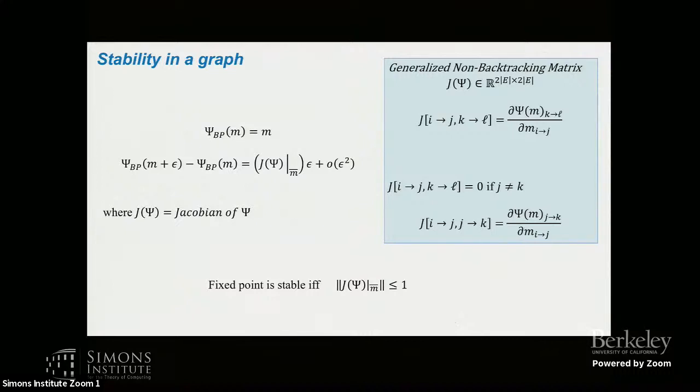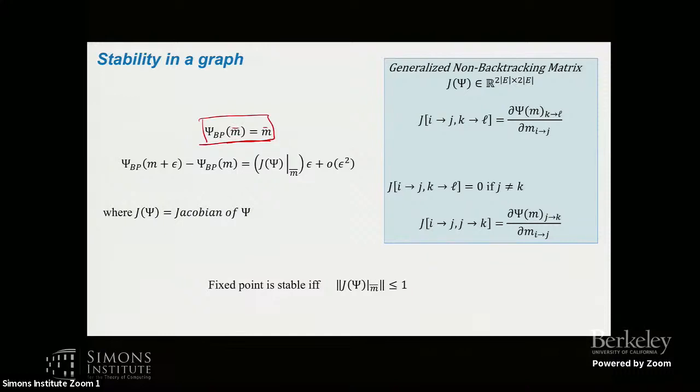And the idea is also very much there already. So what is the idea? Well, let's just analyze the stability of the BP update rule in a general graph. So you have a fixed point, let's say the naive fixed point.